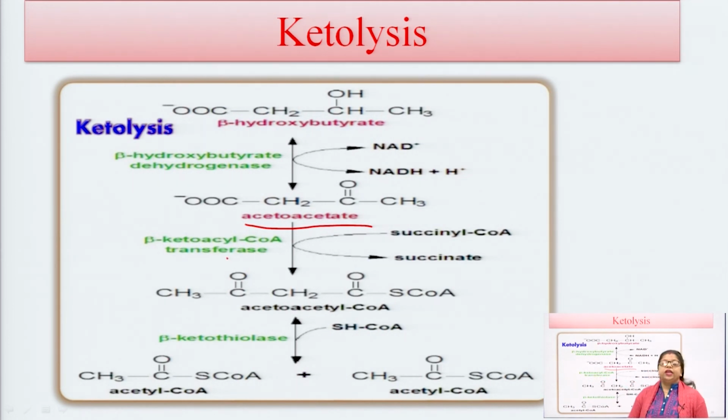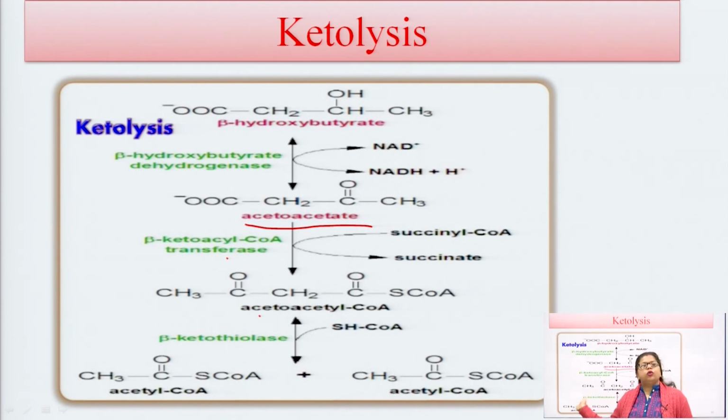One succinate also reacts to form succinyl coenzyme A, which is an important intermediate of the Krebs cycle, along with the formation of acetoacetyl coenzyme A. This acetoacetyl coenzyme A again reacts with the beta ketothiolase enzyme, with addition of one coenzyme A, to form two molecules of acetyl coenzyme A.